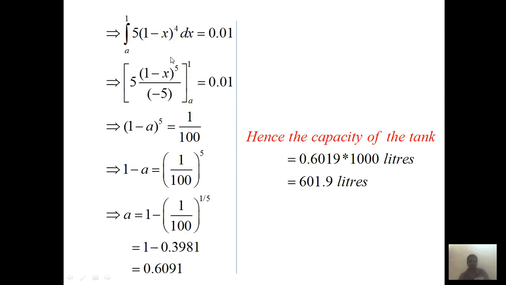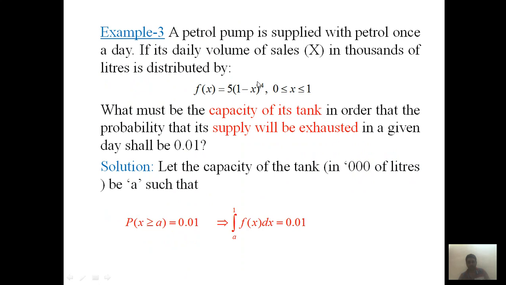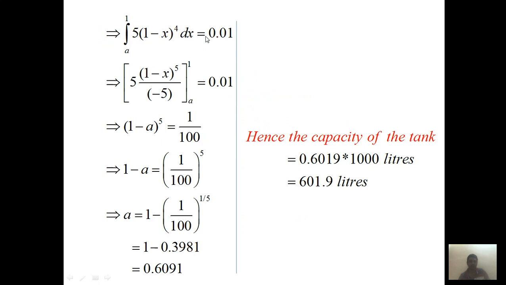So the integral from A to 1 of 5 (1 minus x) raised to 4 dx is 0.01. The integration of (1 minus x) to the 4 is (1 minus x) to the 5 upon minus 5, because the sign of x is negative.